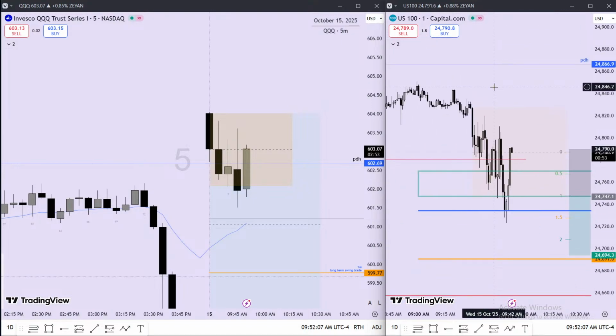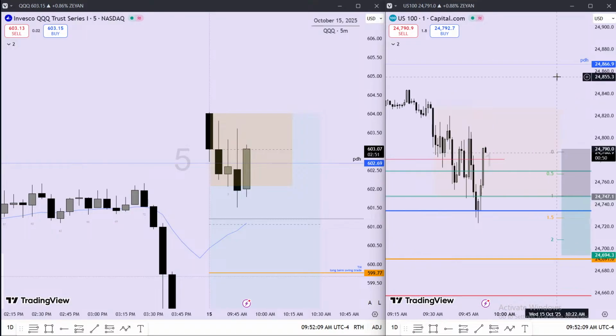Not really surprised to get stopped out right at support. I don't know what's happening with me. I'm tired, man. Lot sizing.